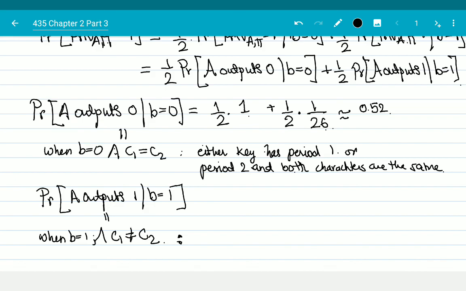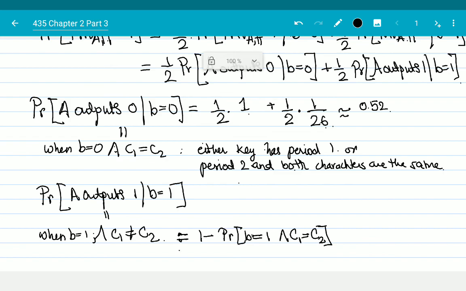Okay, so when B is equal to 1, the probability is 1 minus the probability that B is equal to 1 and C1 is equal to C2. Right, these are the only two cases. And when does this happen?